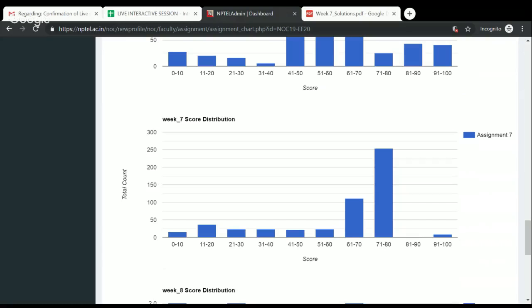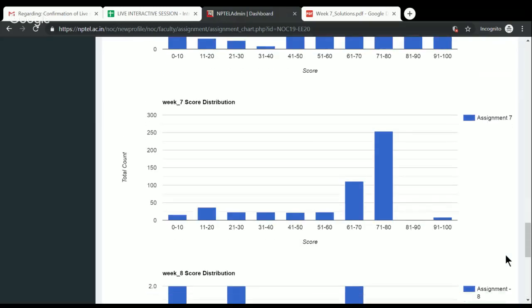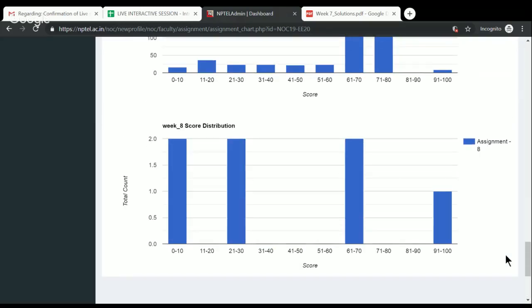So you have assignment 7, and then assignment 8 is, I think, open right now. So people are already starting to do assignment 8. And then we'll go to 9. And then when we come to assignment 10, what we're going to have is once again another sample quiz type of paper.